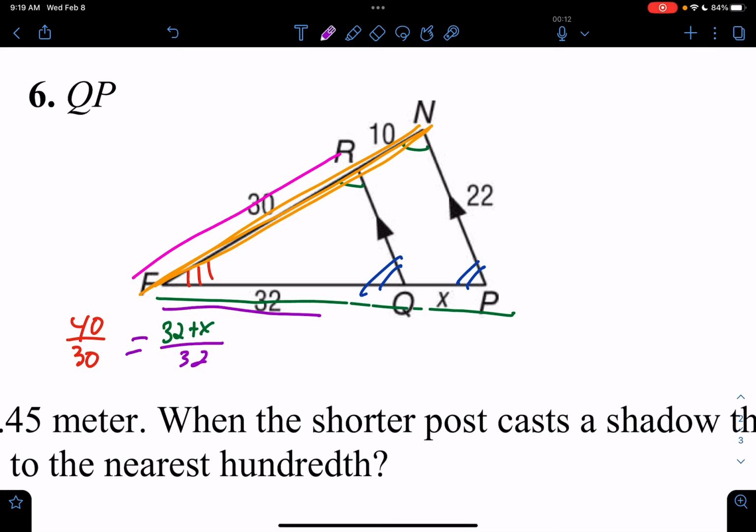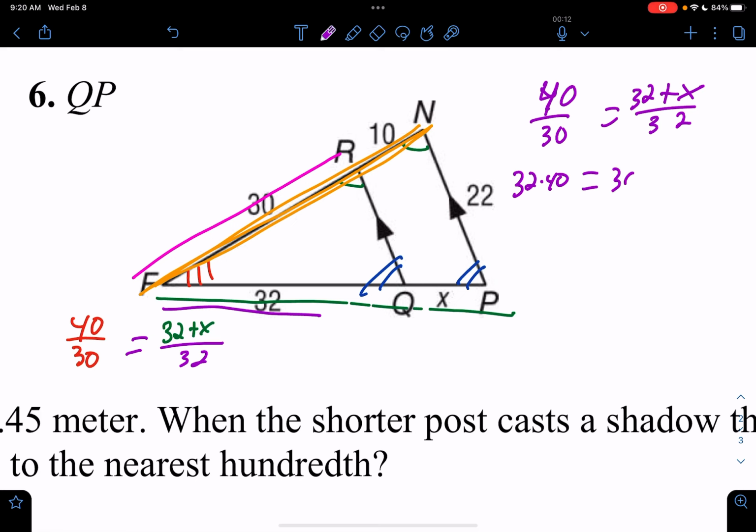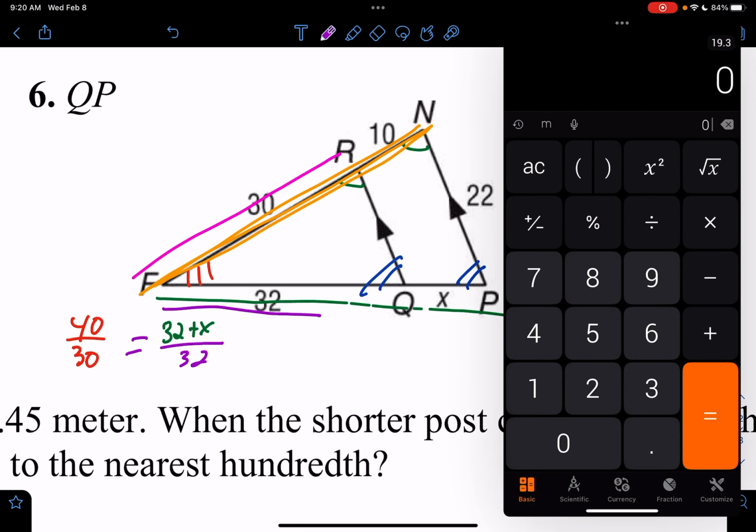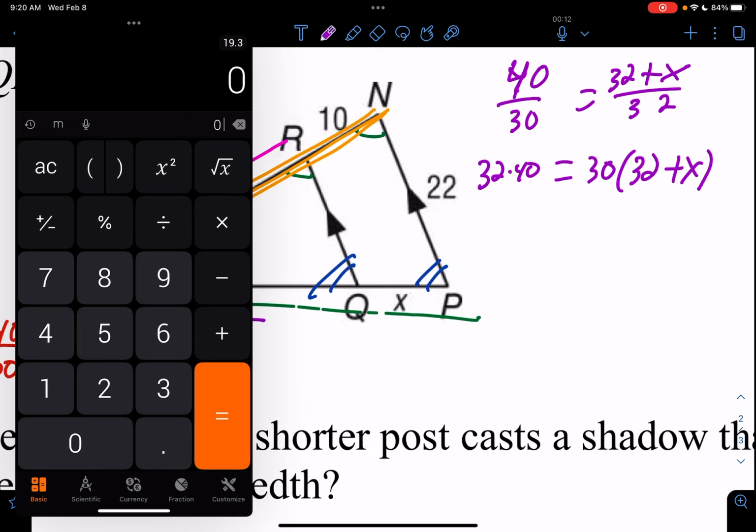So for this one, we can do a little bit of cross multiplication. Let me write it up here so that we have a lot of space to work with. And we say 32 times 40 equals 30 times 32 plus x. Let me take out the calculator and move it to the other side.